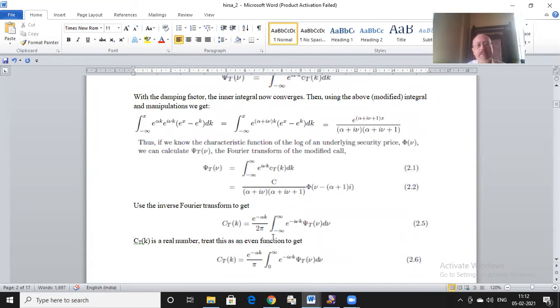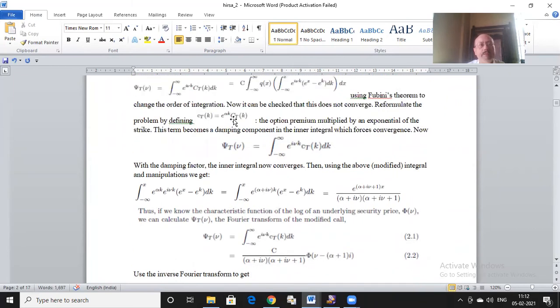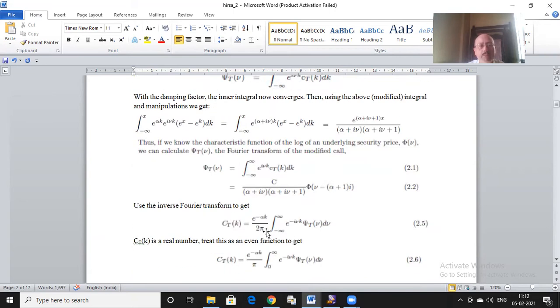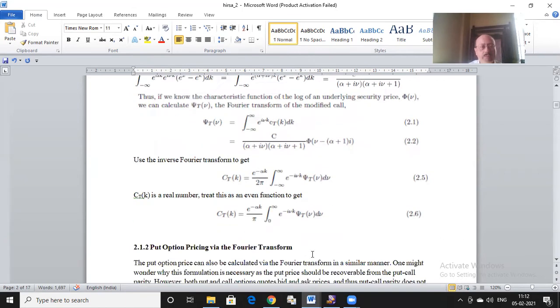So C t k I can recover using the inverse Fourier transform, remembering that capital C and small c are related through this e to the power alpha k. So I have to multiply this expression by e to the power minus alpha k, because if I just do the inverse Fourier, I'll get small c.